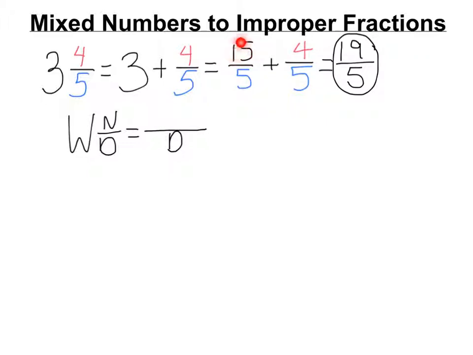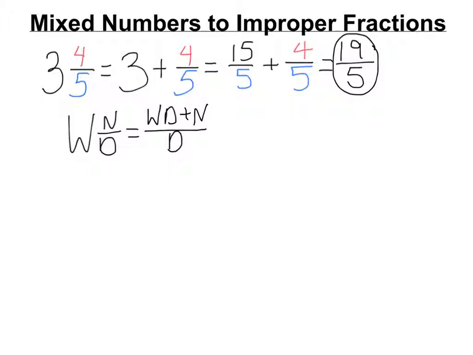Well, 15 was my whole number times my denominator, so that when I do this division, it comes back as 3. So I'm going to put whole number times denominator, and then we added on the numerator. So plus the numerator.